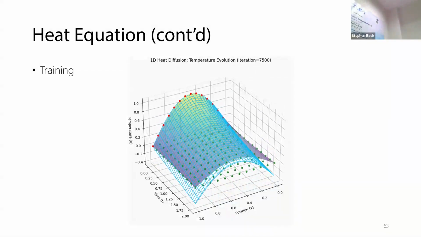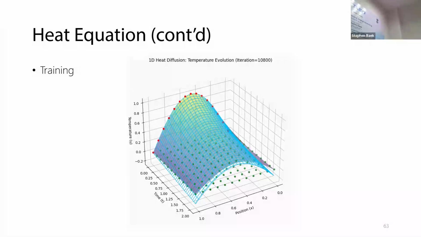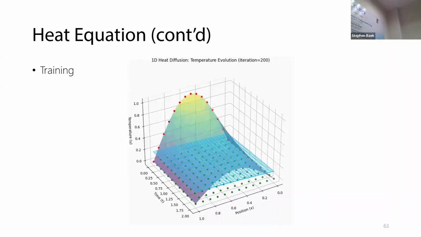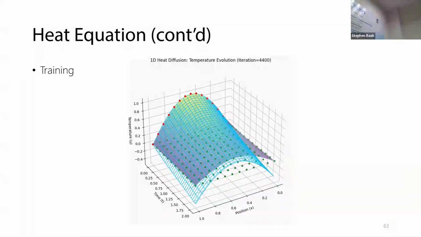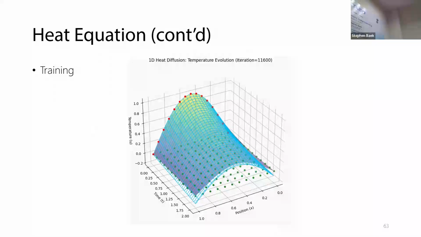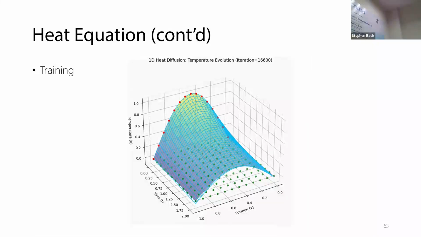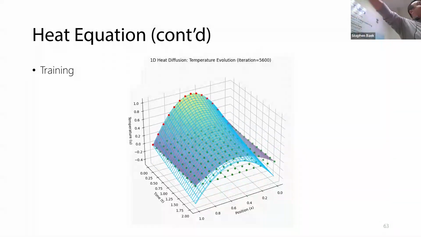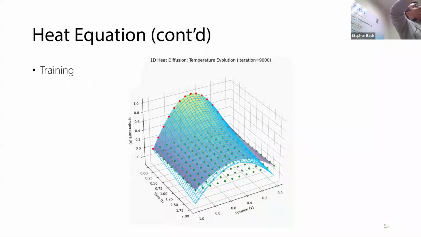And here's the animation showing the training process of the PINN for that particular setup. So see, initially, it's a flat plane. The blue grid is the PINN, and initially the PINN is like a flat surface. So that is the trivial solution.